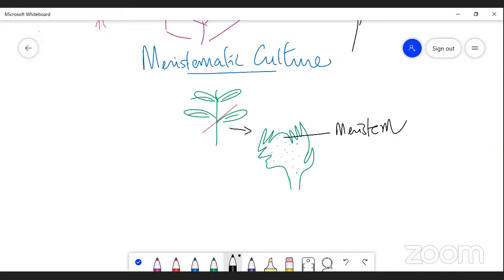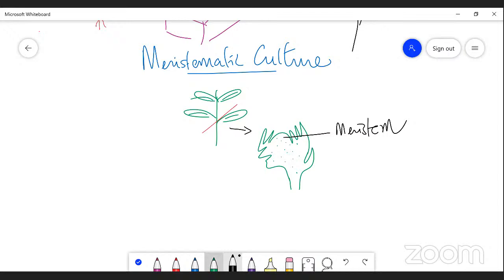Meristem is nothing but an apical portion, which is the growing point of the stem, that is called the meristematic region. So when we get a piece of plant, after removal of the large size leaves enclosed inside of the stem, we can get this growing point of the stem as it is.